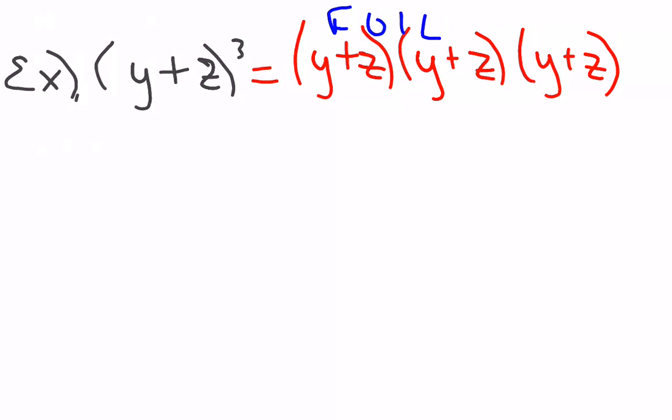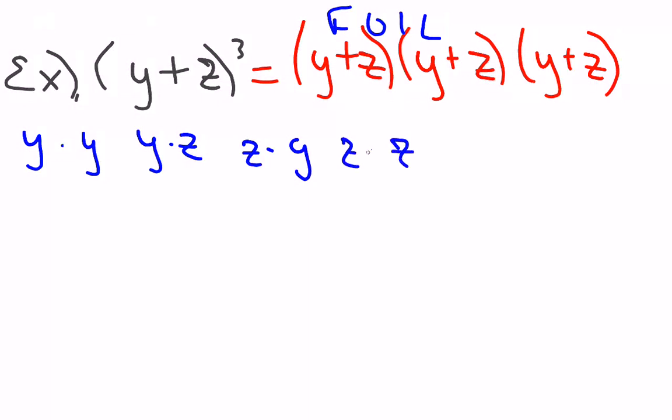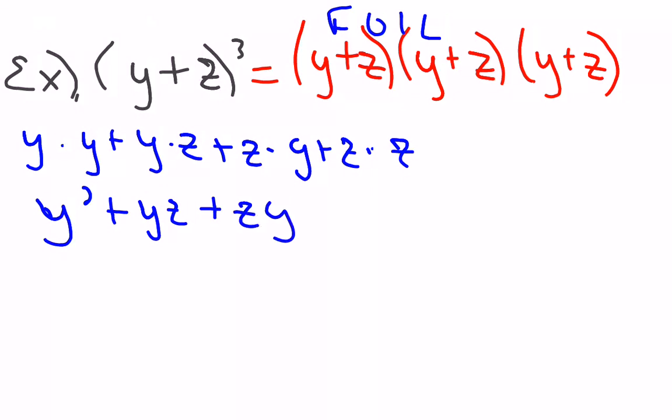And then whatever we get, we're going to have to multiply it. All right, so if we FOIL, we'll have y times y, y times z, z times y, and then z times z. So y times y is y squared plus yz plus zy plus z squared.